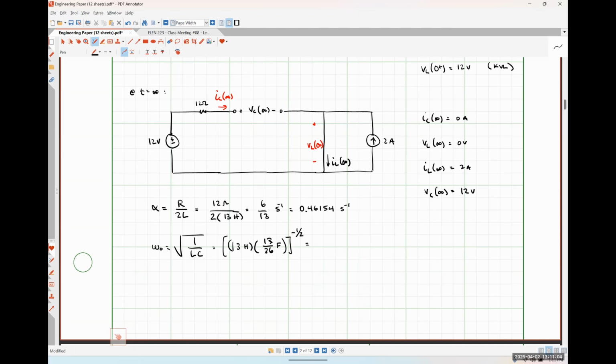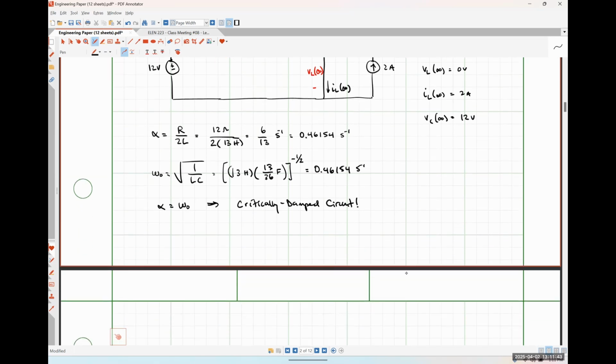Negative 1/2 power is 1 over the square root. So 13 times 13 over 36 to the negative 0.5. And I get 0.46154. So these guys are equal to each other. Alpha is equal to omega naught, which means that we have a critically damped circuit.